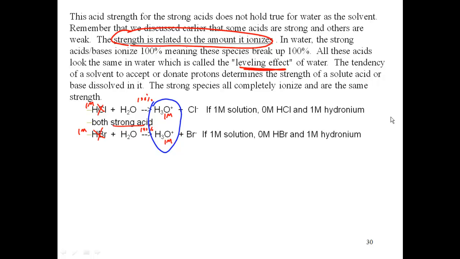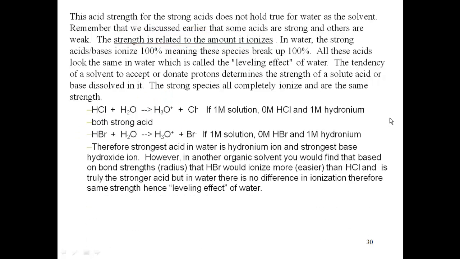So in essence, what we're saying here is the strongest acid that's available in water is the hydronium ion, because all the strong acids break up 100%. What then is the strongest base in water? The hydroxide ion. All the strong bases break up 100%. So this is what we mean by the leveling effect of water. Therefore, the strongest acid in water is the hydronium ion, and the strongest base is hydroxide ion.